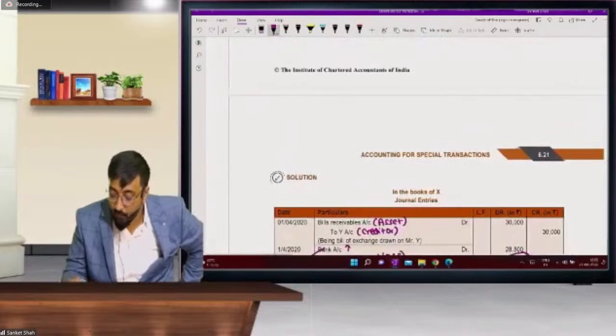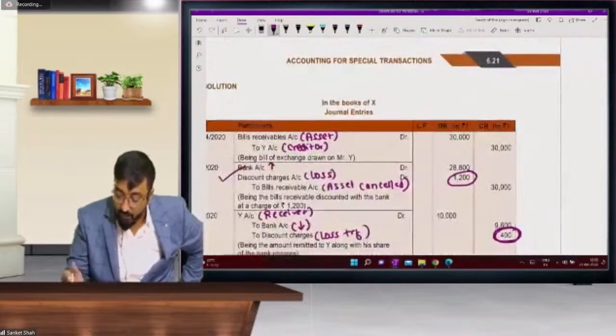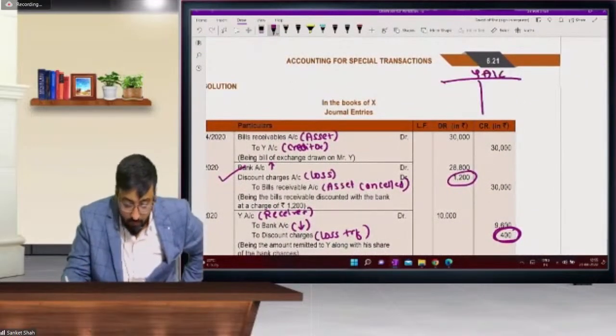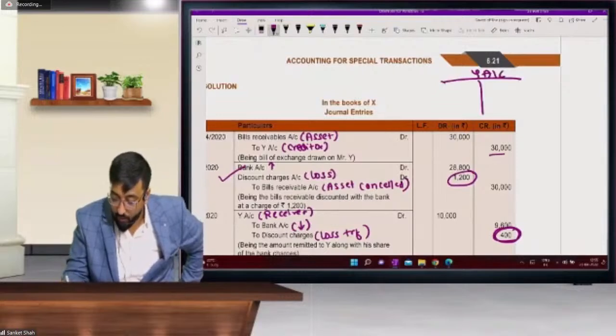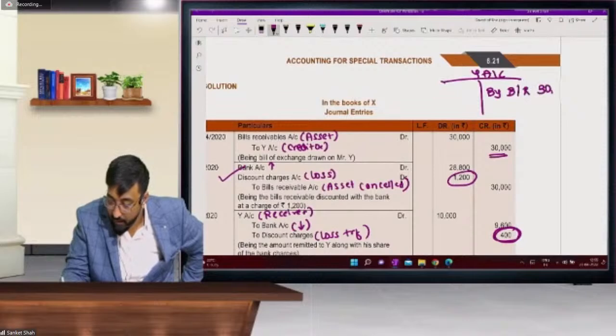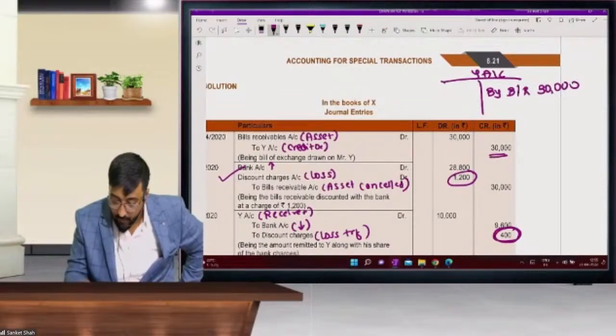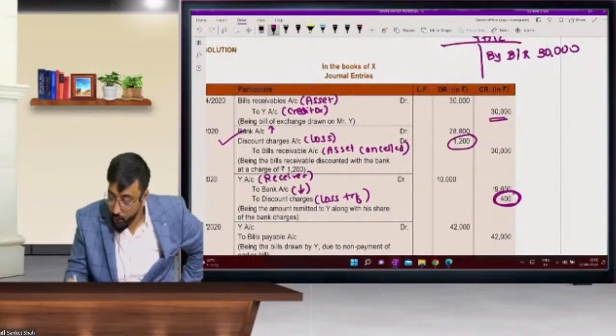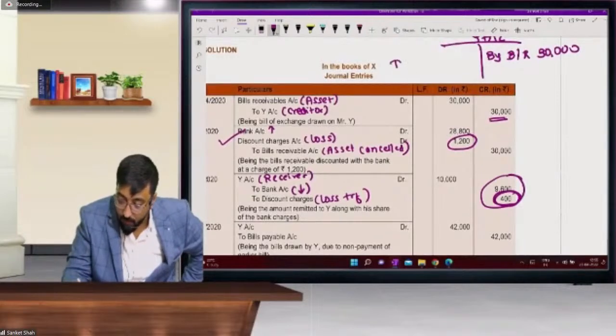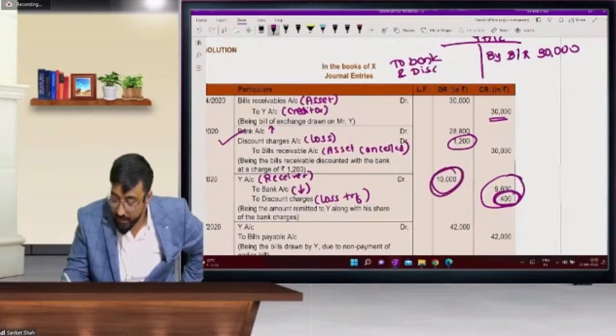सर, प्रूव इट. See, if I open Y account, by bills receivable 30,000 and to bank and discount 10,000. See this 10,000.